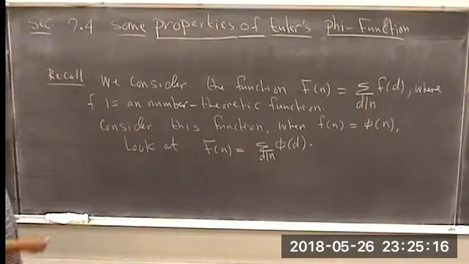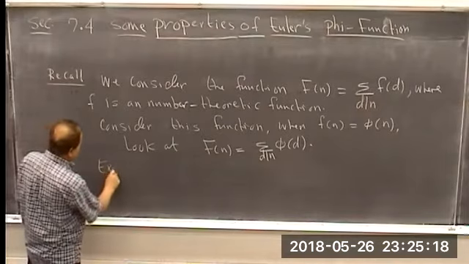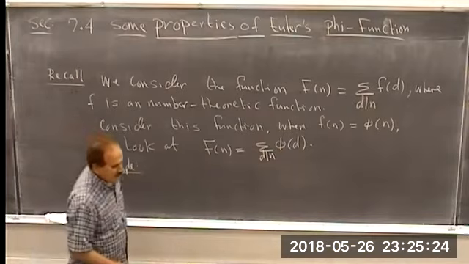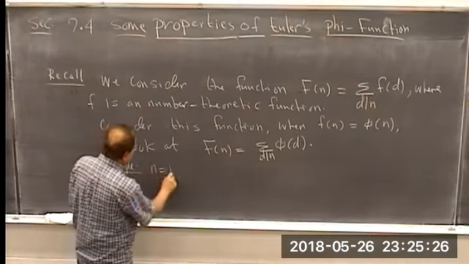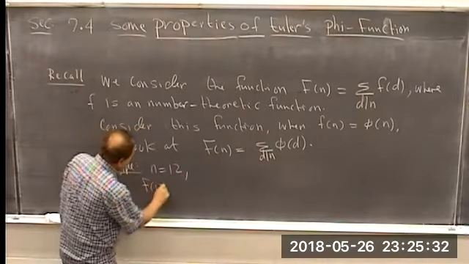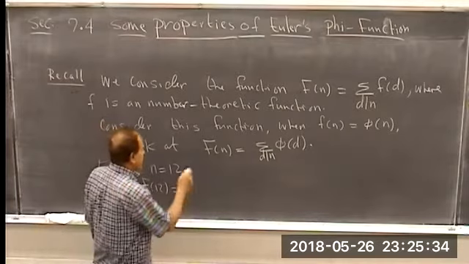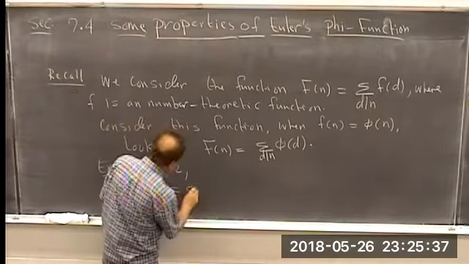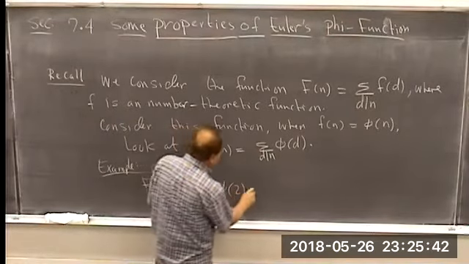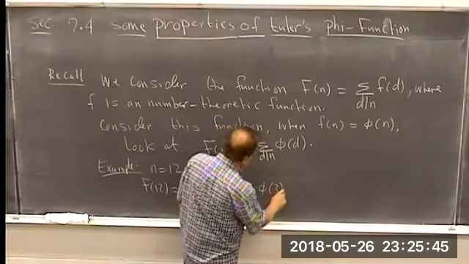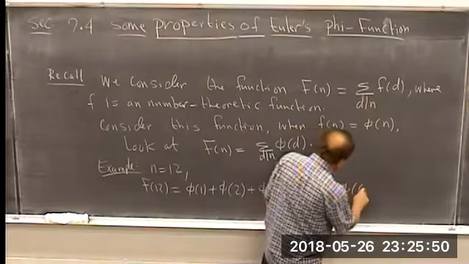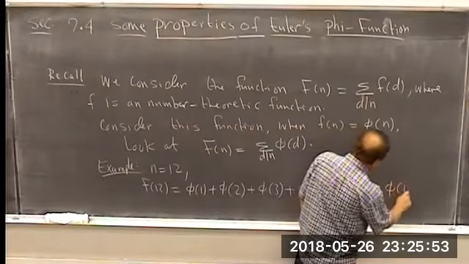So let's just start with an example. Let's take n equal 12. Then F(12) is going to be, the divisors of 12 being 1, 2, 3, 4, 6, and 12, phi of 1 plus phi of 2 plus phi of 3, phi of 4, phi of 6, and phi of 12.